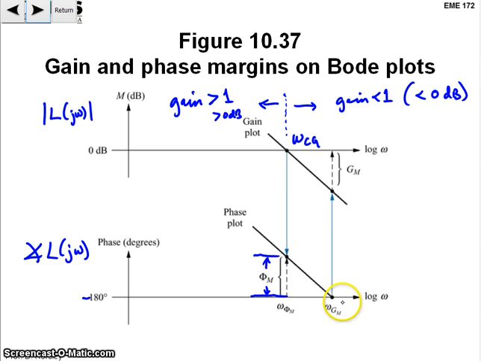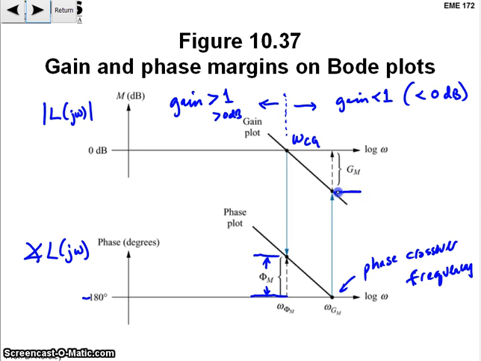The other part, I mentioned, is the gain margin. Now we look over here, and we have the phase crossover frequency. That's where the phase curve crosses through minus 180 degrees, and we draw a line up to the gain plot, and we see that the gain is below 0 dB.